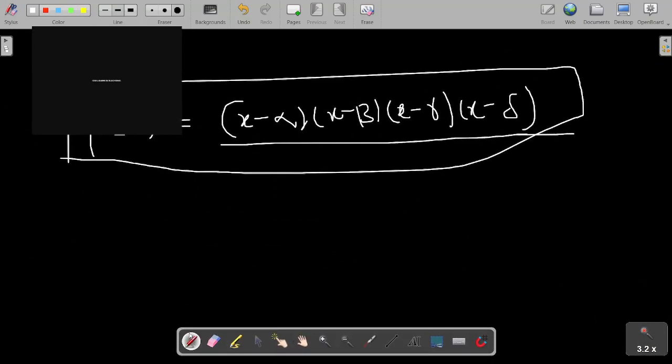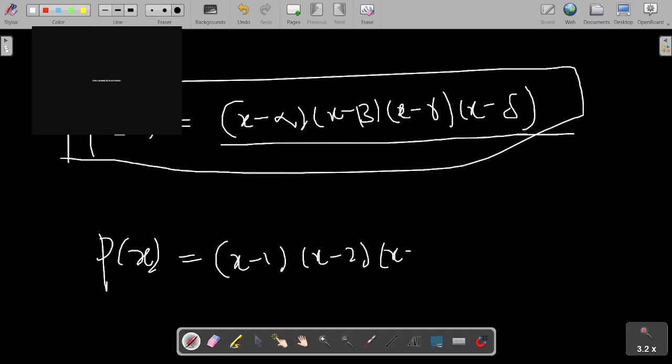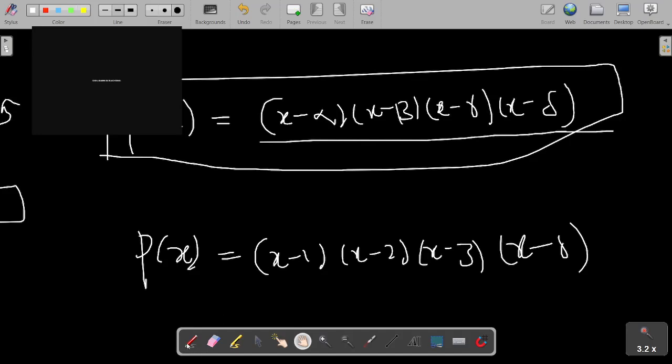So I can write the equation as x minus 1, x minus 2 and x minus 3, and this becomes x minus delta. And one more thing I need to add is a right here.